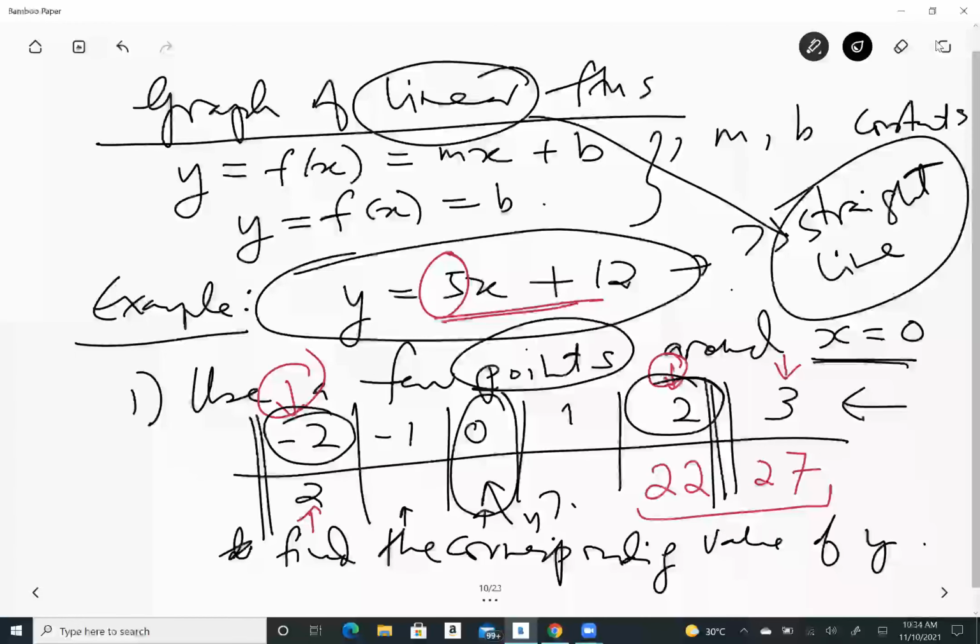All right, the choice of x1, y1 is up to you. You want x1, y1, x2, y2, pick whichever one, it doesn't matter.